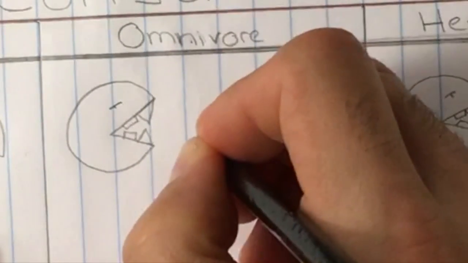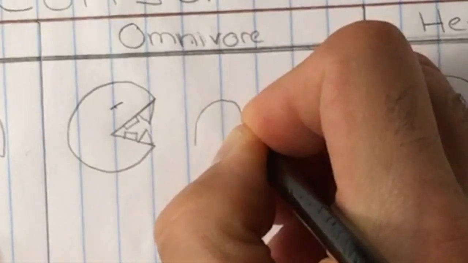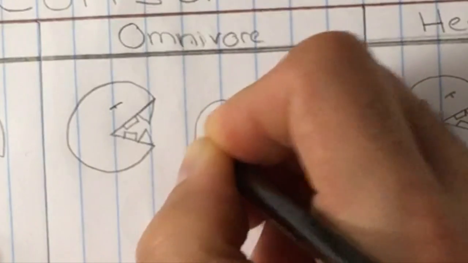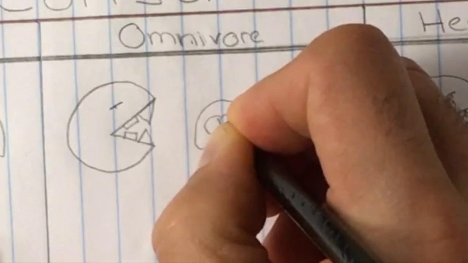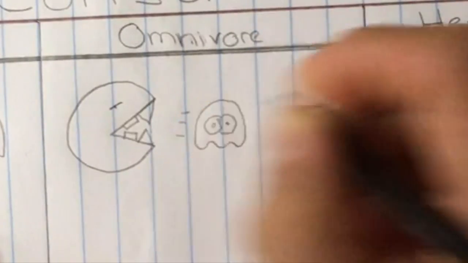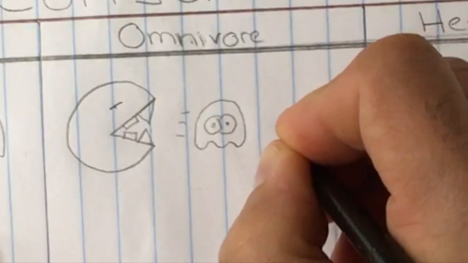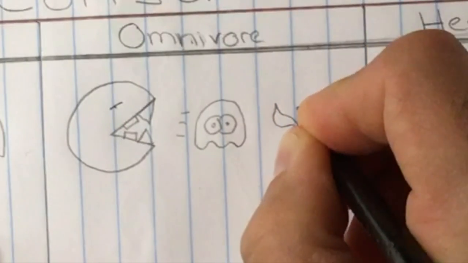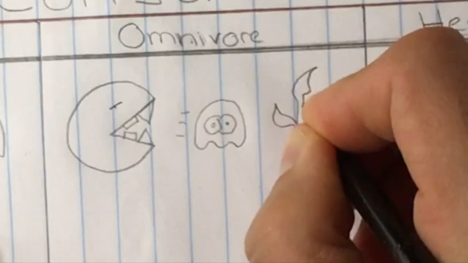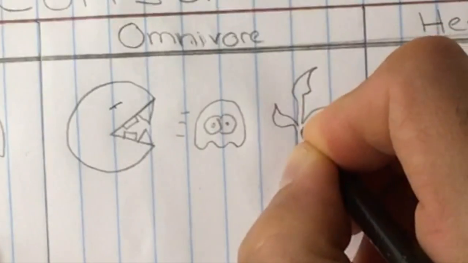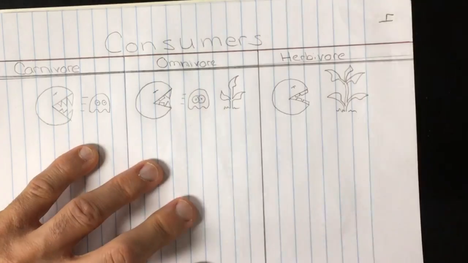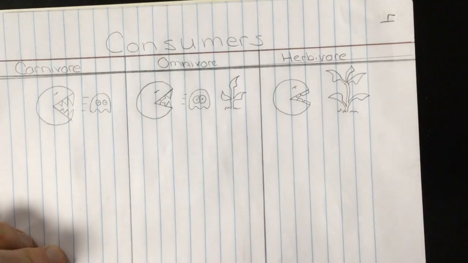So we'll go ahead and we'll have a ghost because he eats other organisms, running away, and then we'll do a miniature plant. They ate both. Okay? So that's my visual for that.